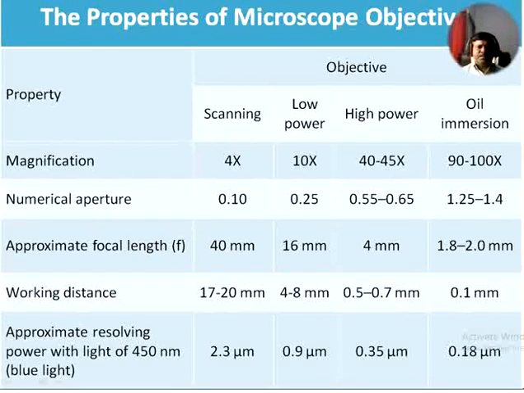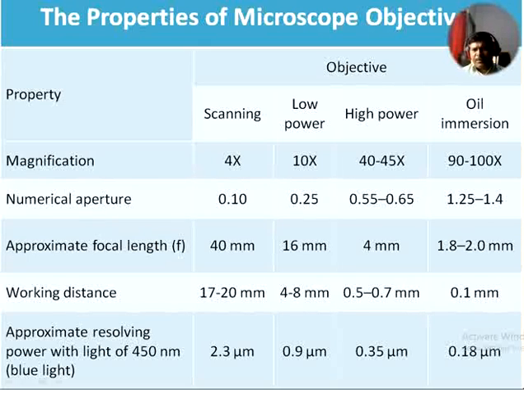Now the next property is the approximate resolving power with light of 450 nanometer, that is blue light. In case of scanning objective, 2.3 micrometer is the resolving power. In case of low power objective, the approximate resolving power is 0.9 micrometer.